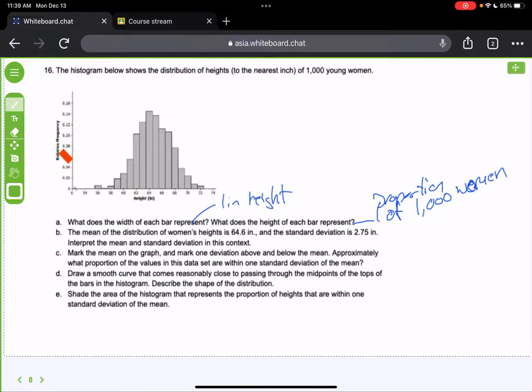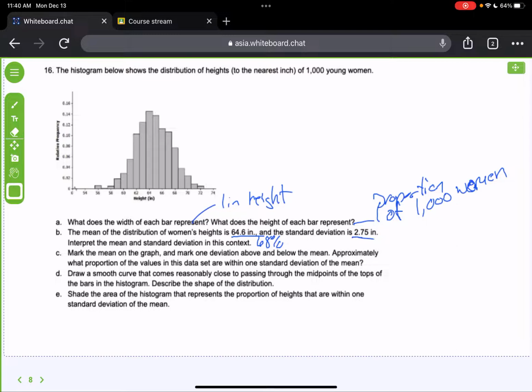The mean of the distribution of heights of women is 64.6 inches, and the standard deviation is 2.75 inches. Interpret the mean and the standard deviation in context. What we would say is about 68% of the population falls within this interval.